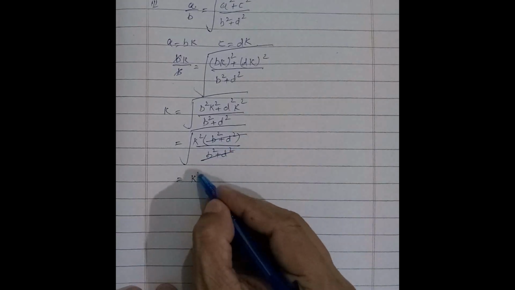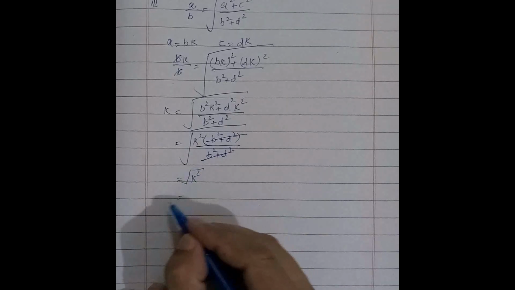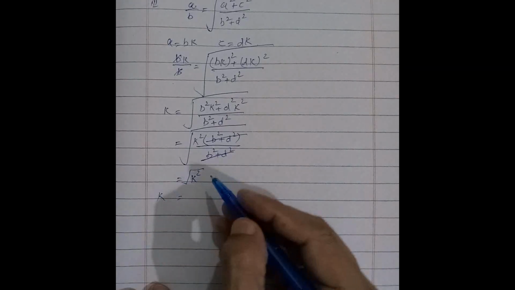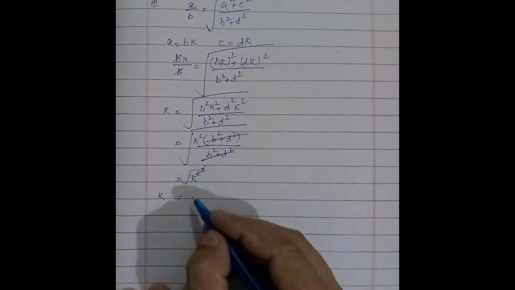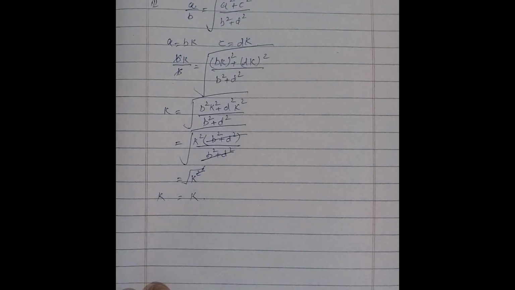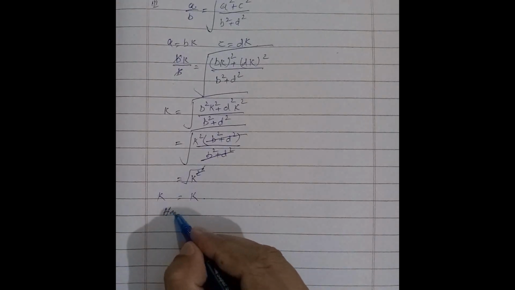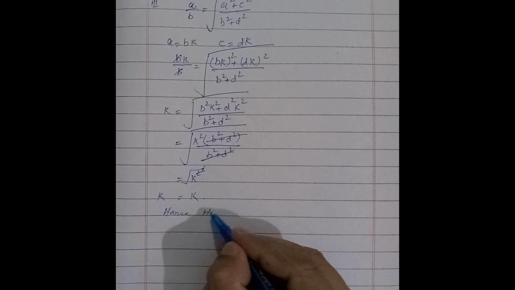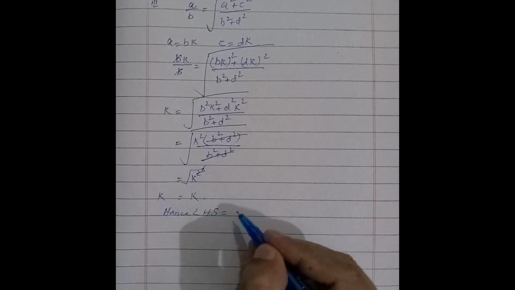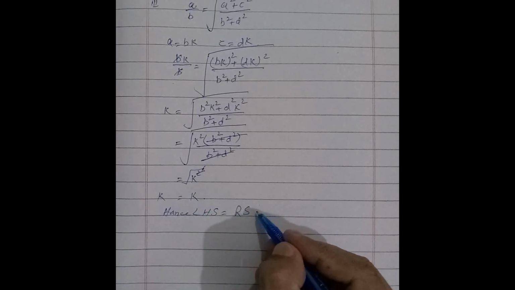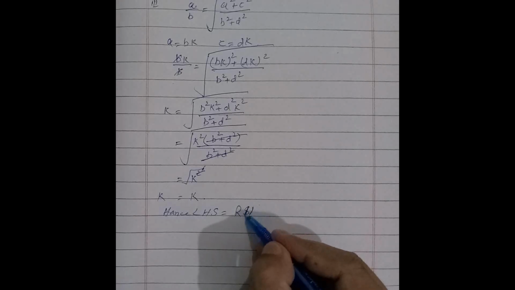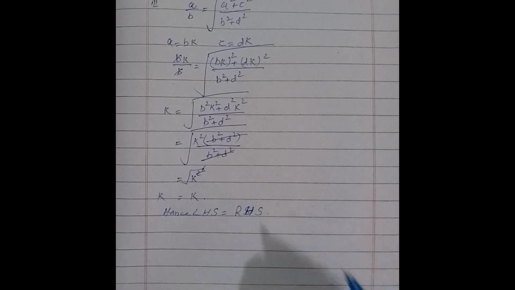We have square root of K square, and square root and square cancel each other. We get K. Hence the left hand side is equal to the right hand side. Proved.